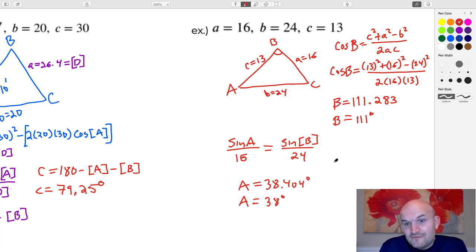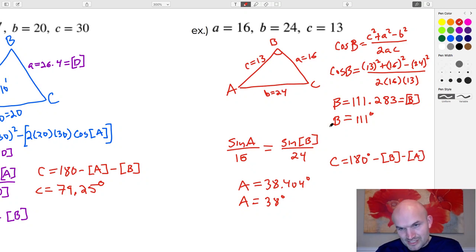So now when I want to figure out C, this has been stored, right? I'm going to do 180 degrees minus my stored answer B minus my stored answer A. This really doesn't matter as much because we're dealing with degrees, which we're going to round to the nearest whole anyway.